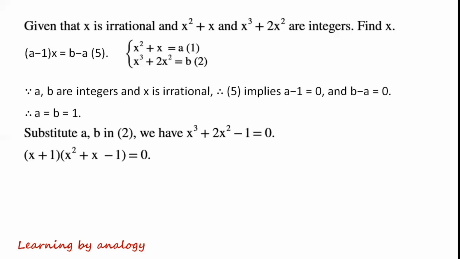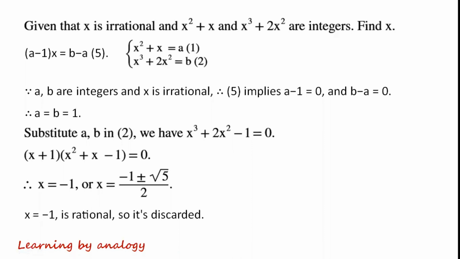So (x plus 1) times (x squared plus x minus 1) equals 0. So either x equals minus 1 or x equals (minus 1 plus or minus root 5) over 2.